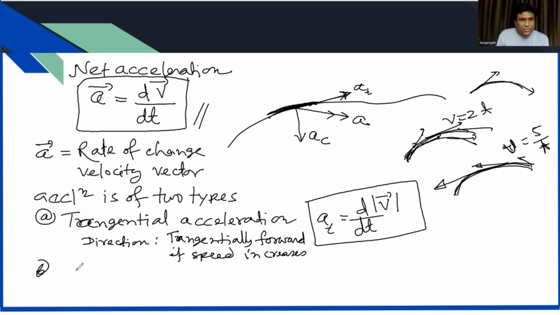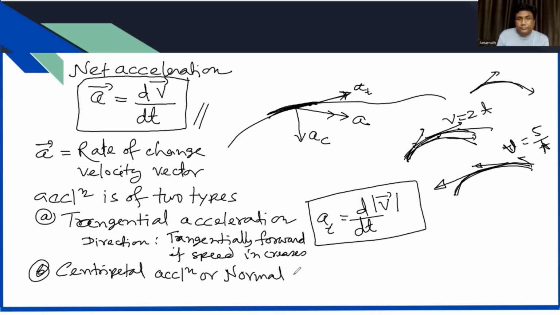And the second acceleration is centripetal acceleration. This is also called normal acceleration. The symbol is AC or AN. Centripetal acceleration is always speed square by radius.